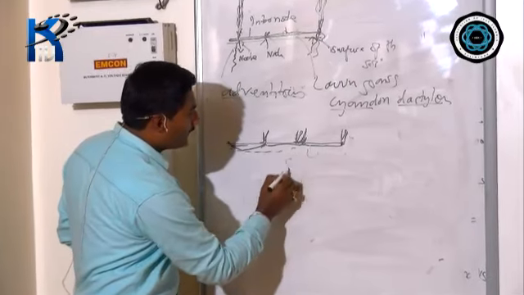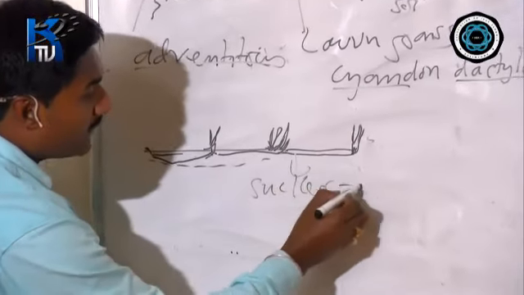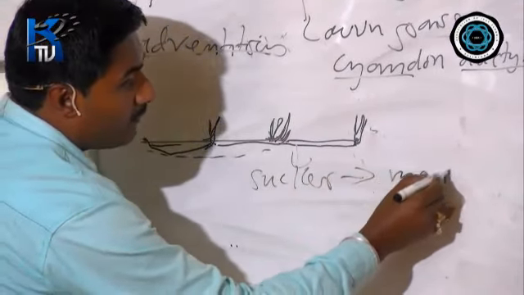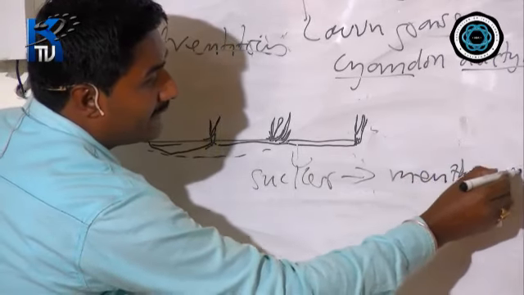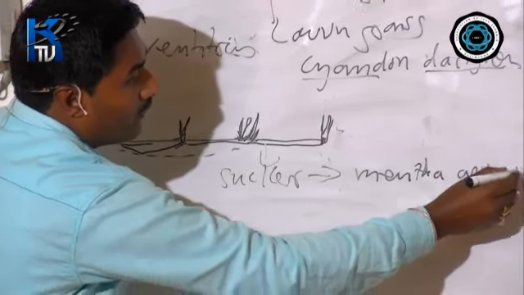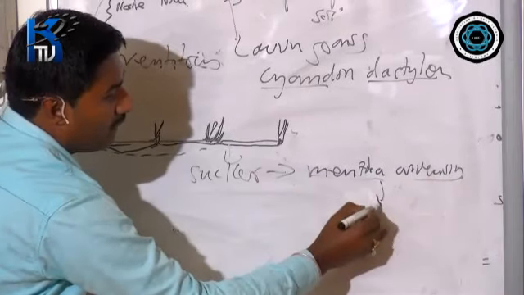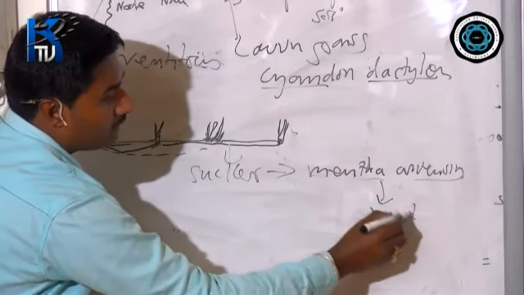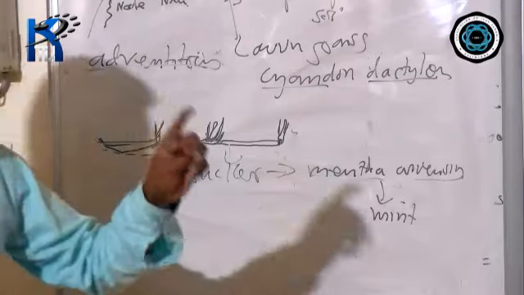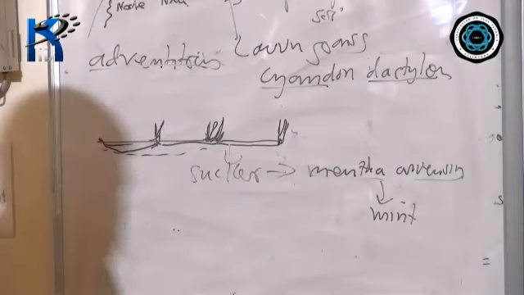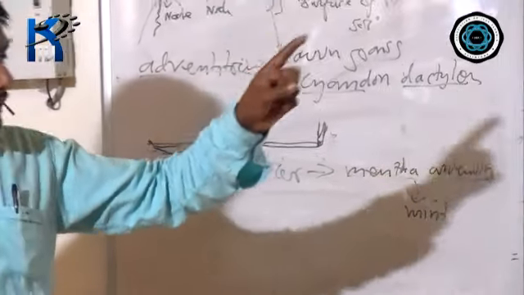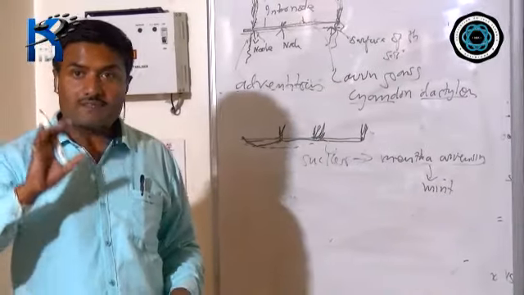So this one is sucker. And in which plant do you observe it? Mentha arvensis. When I say Mentha arvensis, I am talking about the mint plant, Pudina.